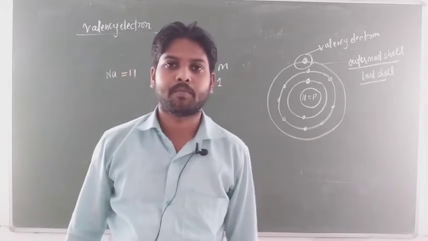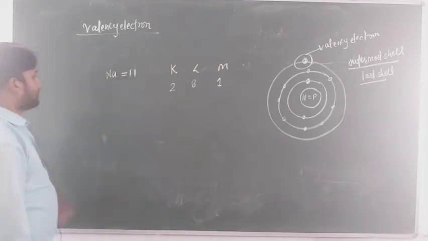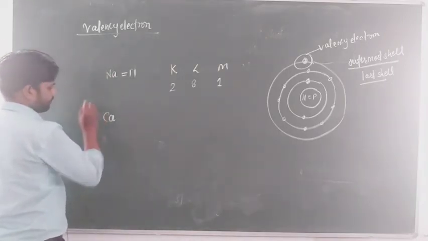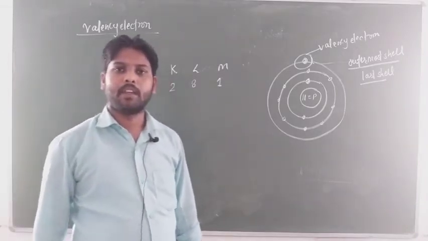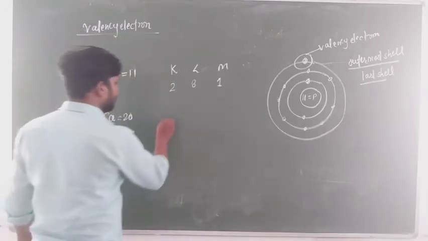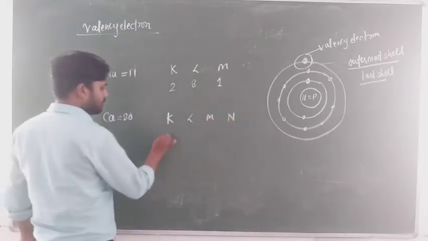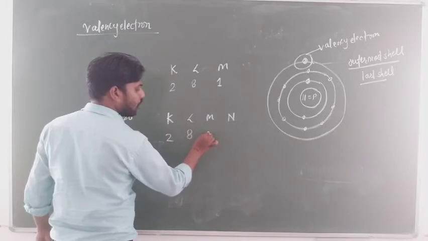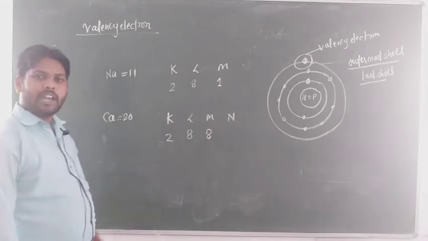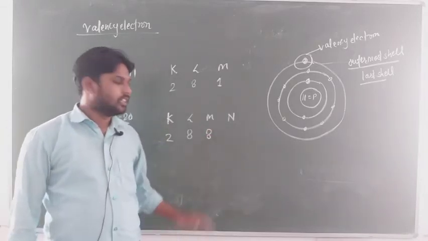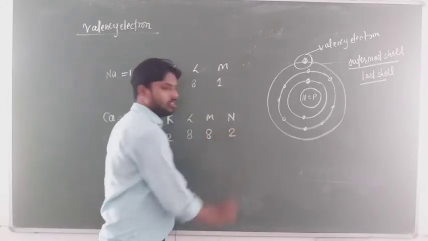Clear students? Now see the next example, calcium, atomic number 20. If we distribute its electrons in K, L, M, N, first 2, 8, not 10 students, we will first accommodate 8 electrons, and after filling 8 electrons, the remaining electrons will jump into the next cell, that will be 2 electrons.